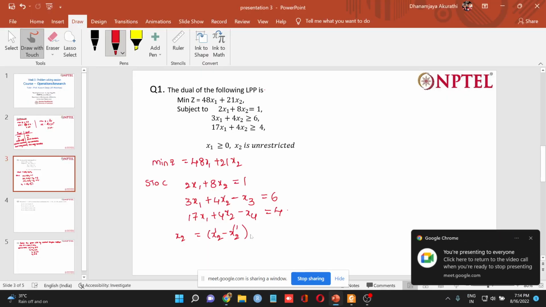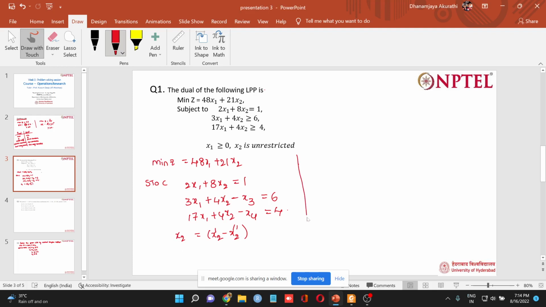Then, minimum of z is equal to 48x1 plus 21, replacing x2 as x2 dash minus x2 double dash.